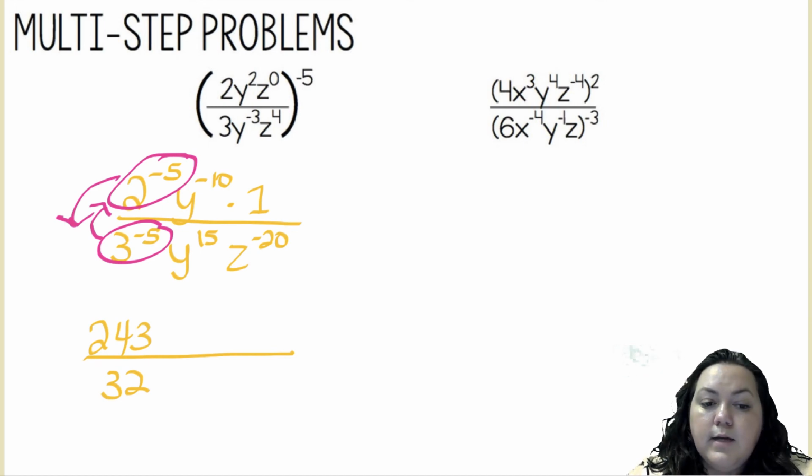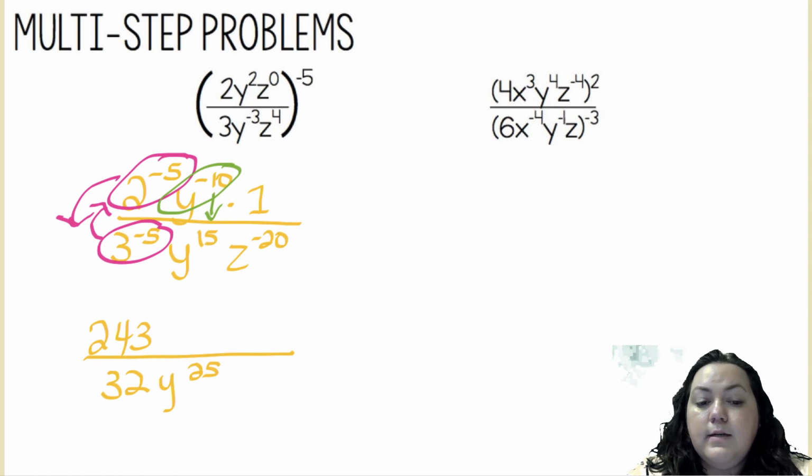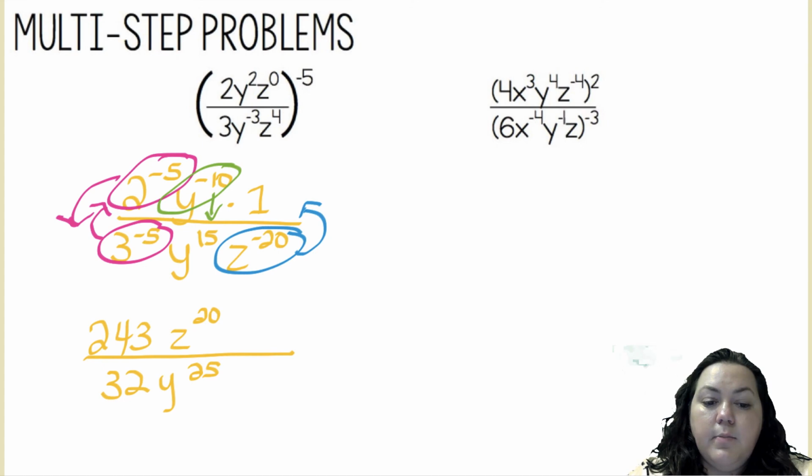Y to the negative 10th, and then over y to the 15th. So negative 10 minus 15 is now negative 25, so it's going to be in the denominator. And then I have z to the negative 20. I'm going to move that up to the top. It's going to be z positive 20.